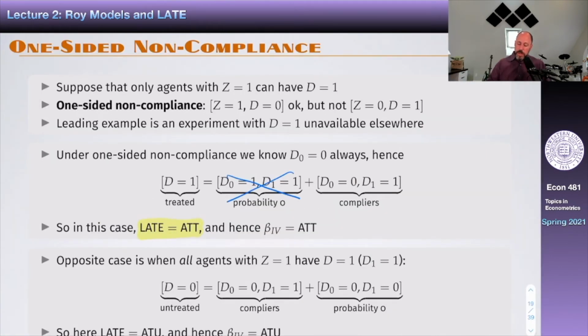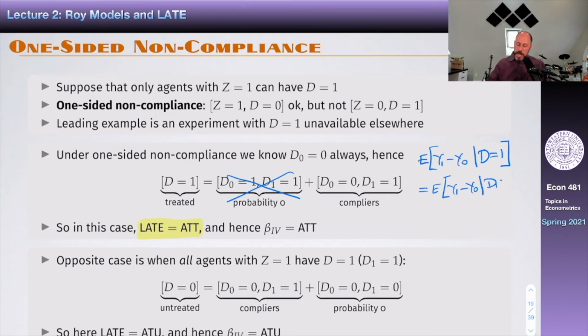And so when you look at the average treatment on the treated, which, remember, was the expected value of Y1 minus Y0 conditional on D equal to 1, well, this is the same as the expected value of Y1 minus Y0 conditional on D1 greater than D0, which are the compliers.